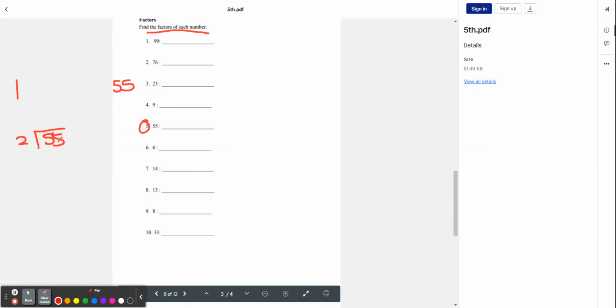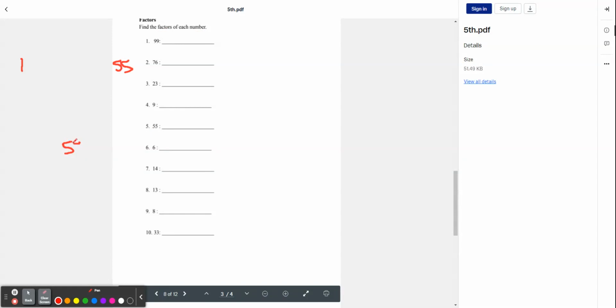So when we divide the number by a potential factor and we get a remainder of 0, then that number is a factor. So let's try. 2 goes into 5 2 times. And 2 goes into 15 7 times. And we got a remainder of 1. So we know that 2 is not a factor.